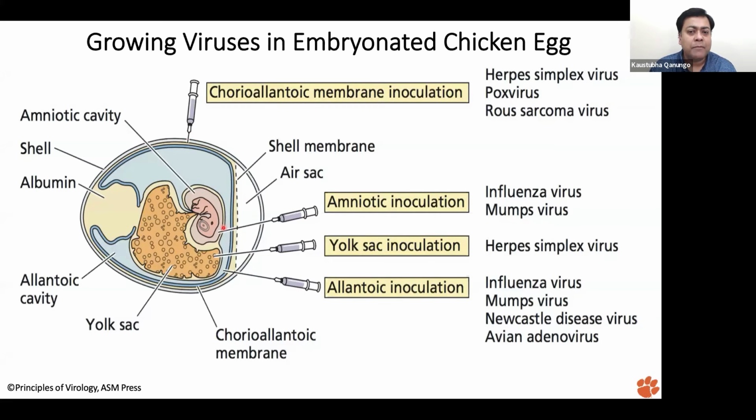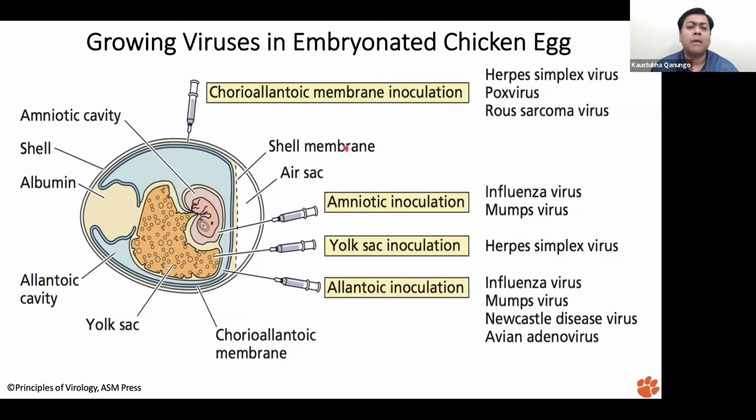Then this is the amniotic inoculation just close to the embryo. This is in the yolk sac, and then you have an allantoic membrane. All of these have different types of cells around them, and these cells actually allow the virus to replicate in those areas. And here you can see a list of viruses which grow in certain areas.